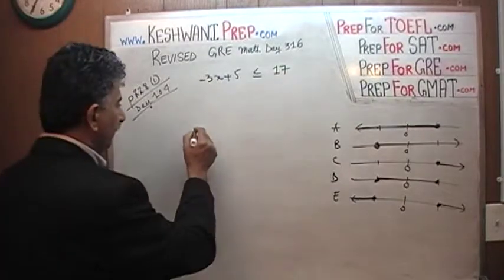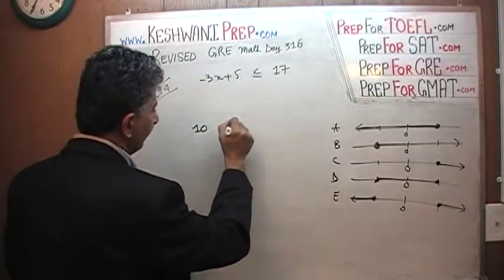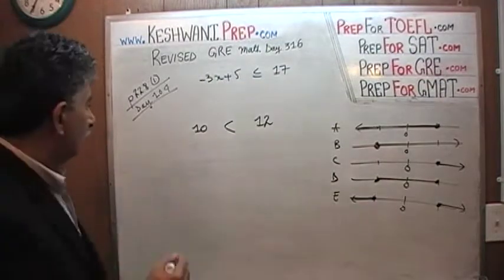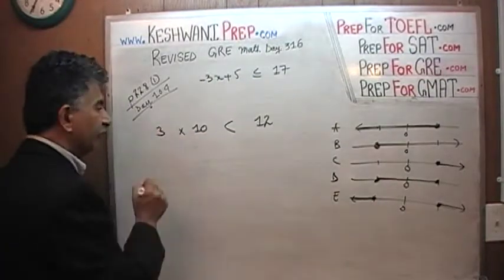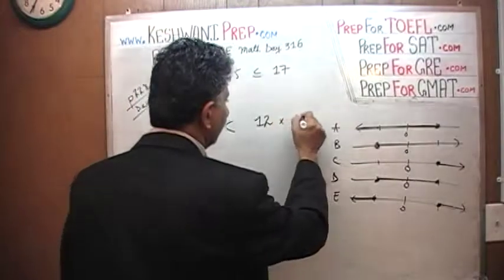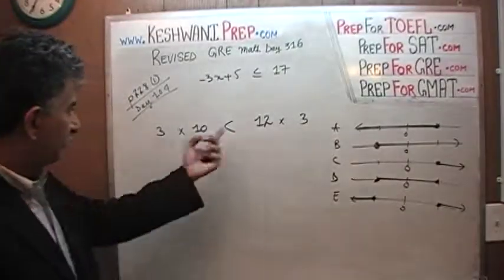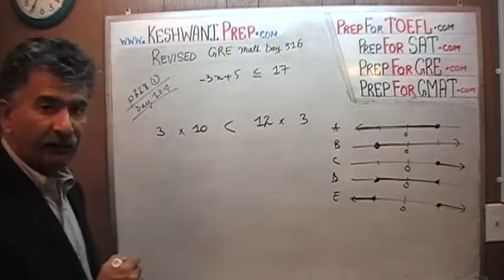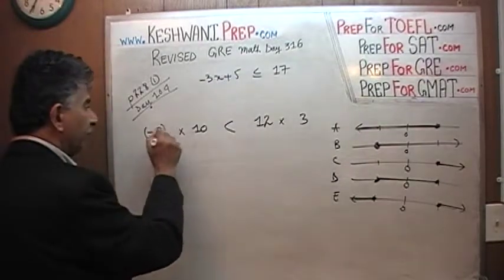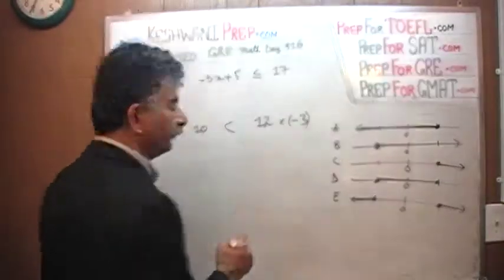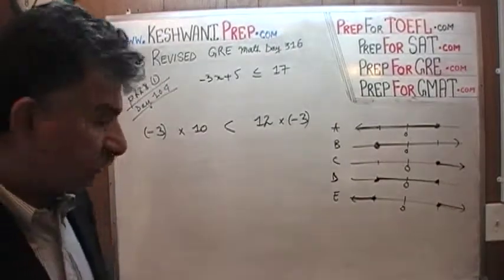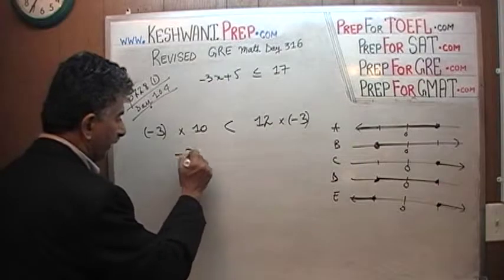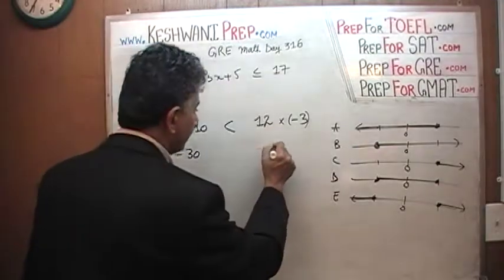Let's say, for example, would you agree that 10 is less than 12? Of course you would agree. Would you agree that 3 times 10 is less than 3 times 12? Of course you would. We just multiply both sides by 3. Now watch what happens. Instead of a positive 3, had we multiplied both sides by a negative 3, we would have a negative 30 here and a negative 36 here.